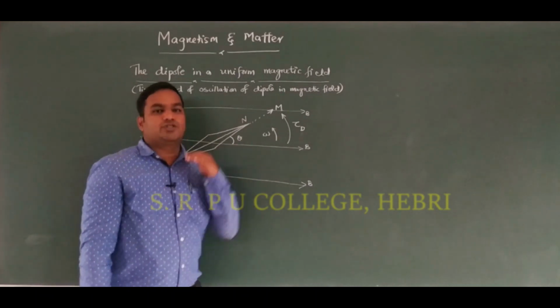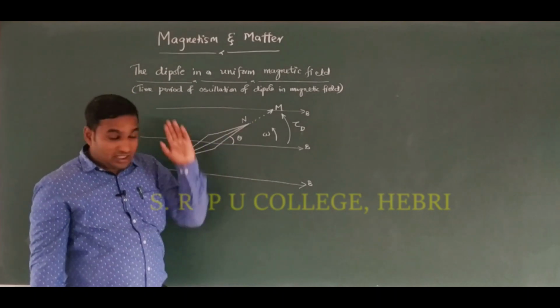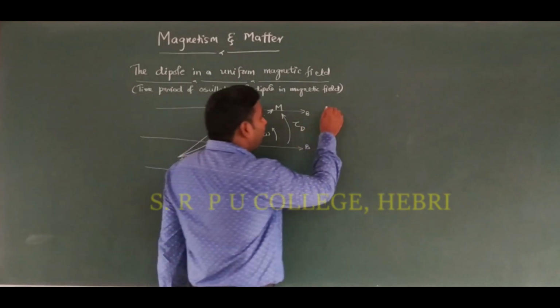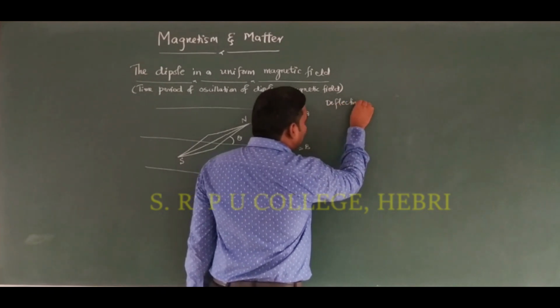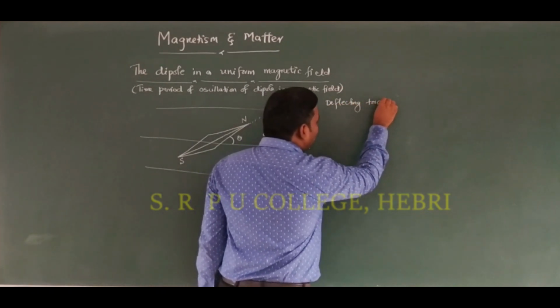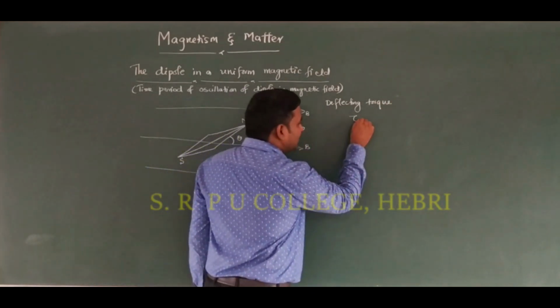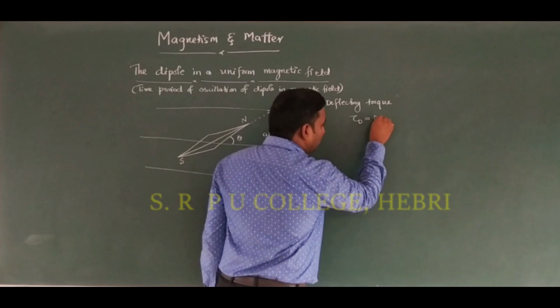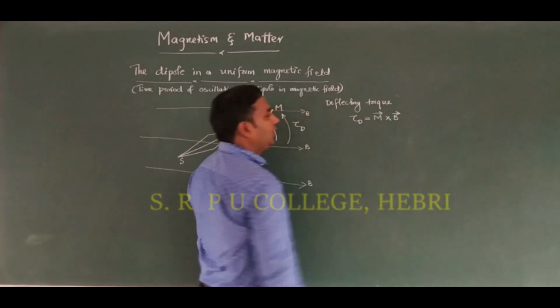It is leading towards the next concept called angular acceleration. Dear student, the deflecting torque due to the external magnetic field is tau d equals M vector cross B vector, that you already learned.